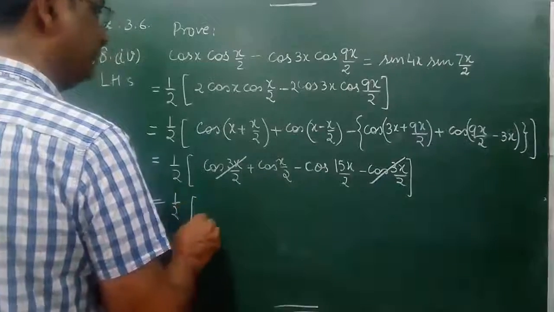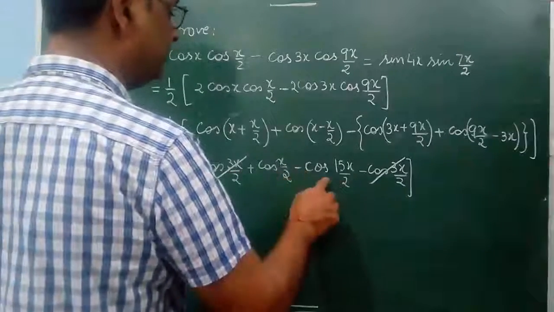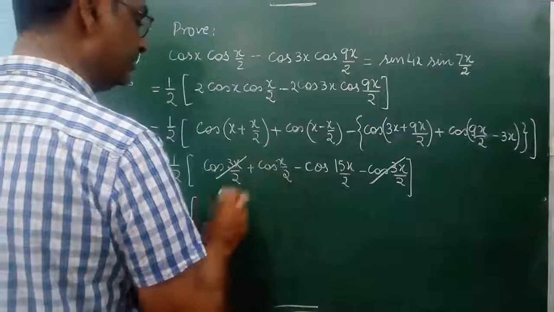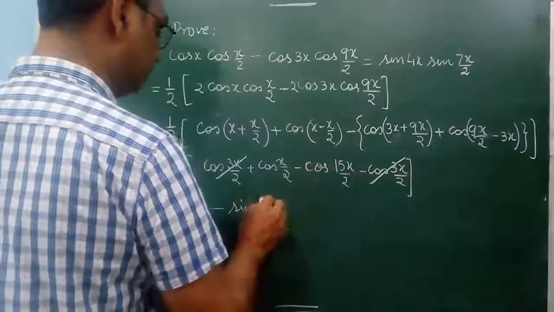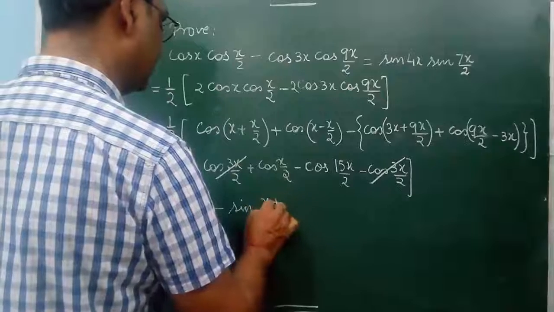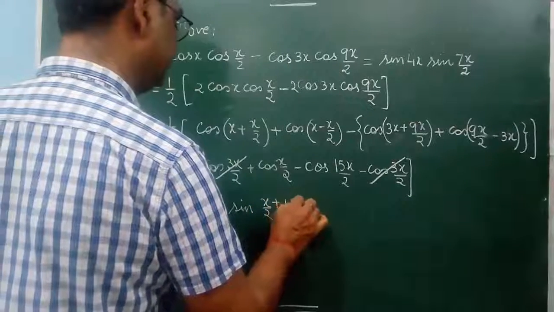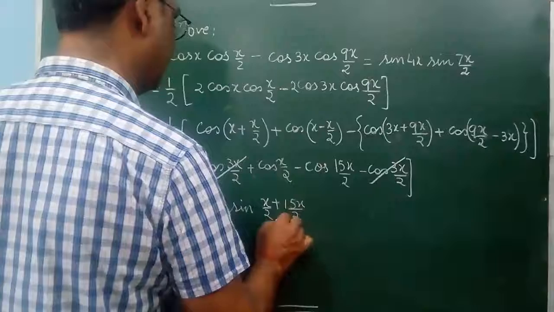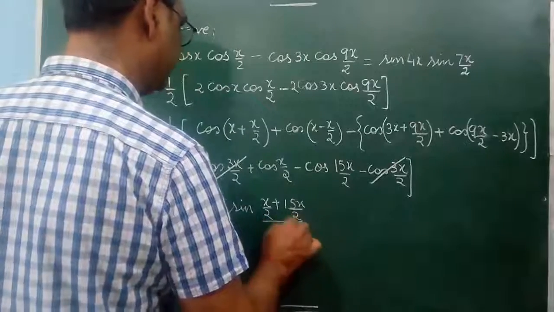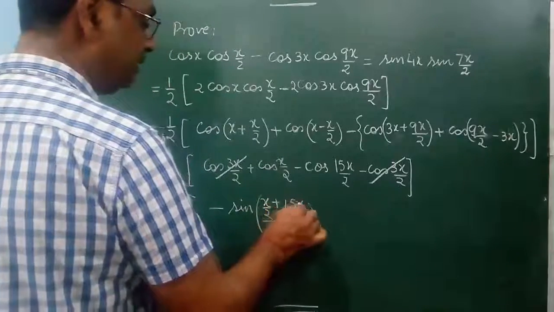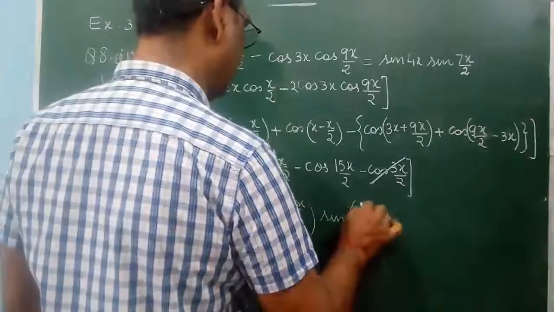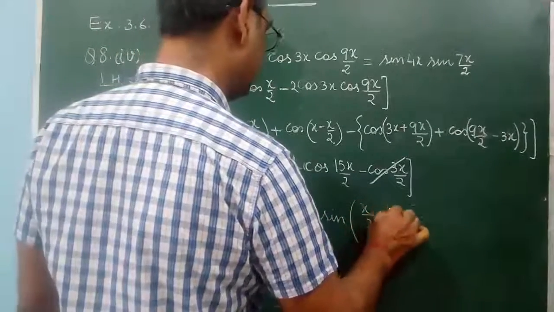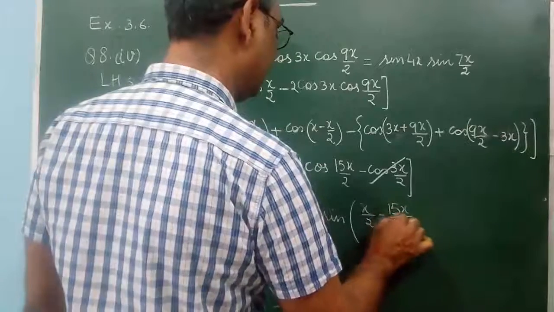We are having the formula here for cos c minus cos d. Cos c minus cos d is minus 2 sin (a plus b) by 2 into sin (a minus b) by 2.